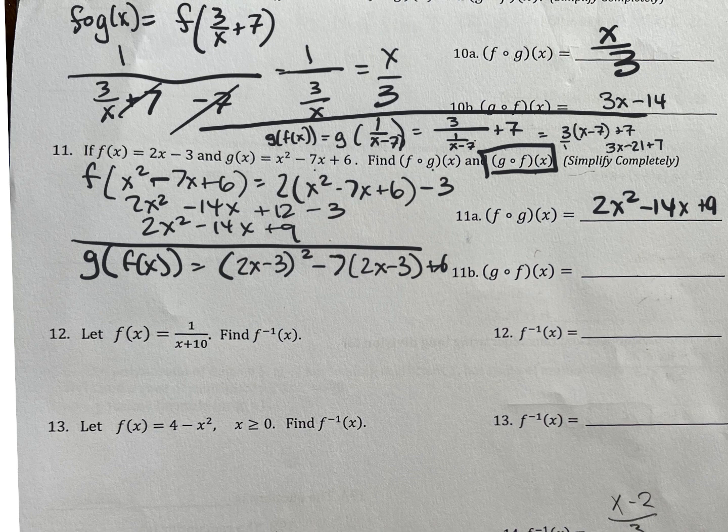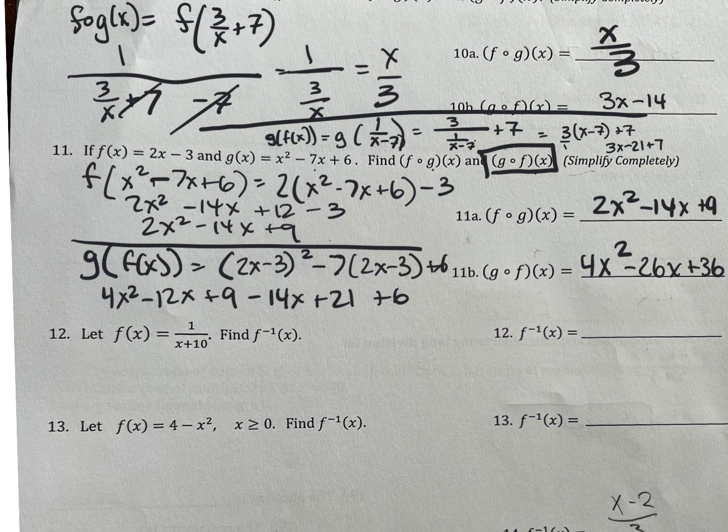I got to FOIL this out. 4x squared, 2 times -3 is -6 times 2 is -12x plus 9. First thing, pull it out. Minus 14x plus 21 plus 6. So 4x squared minus 26x plus 36. Right.